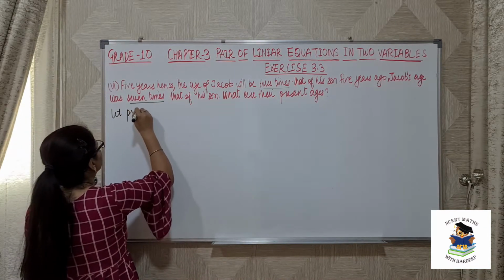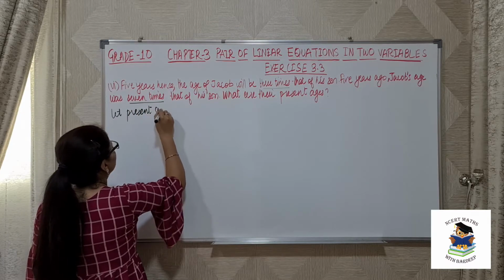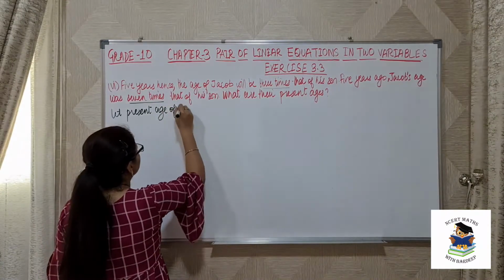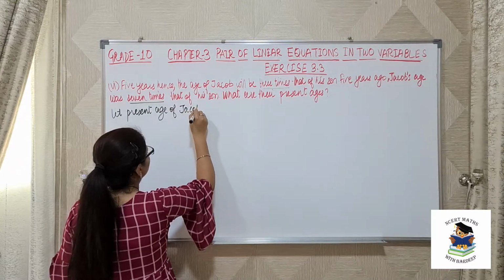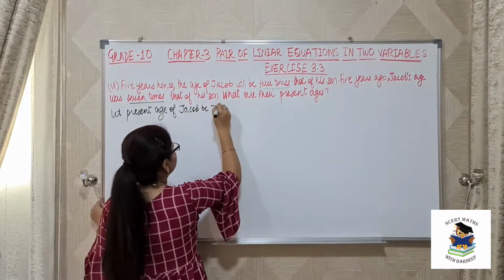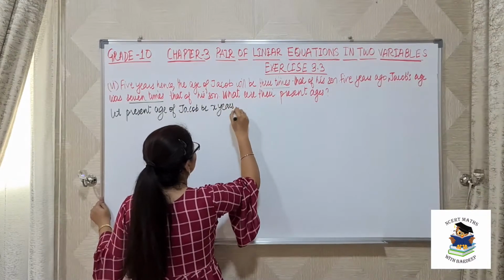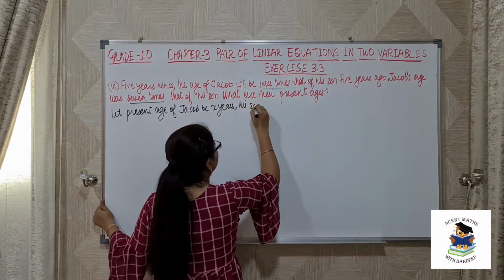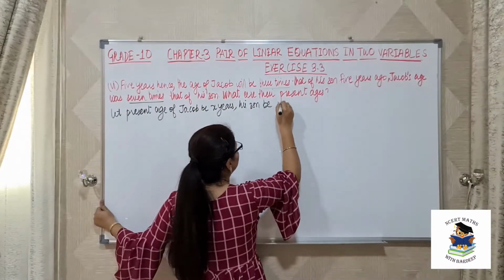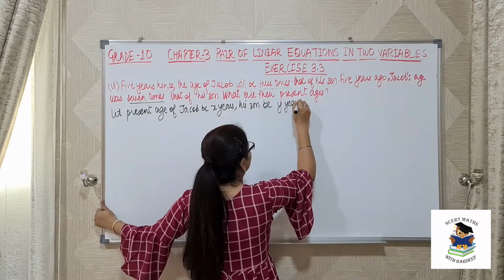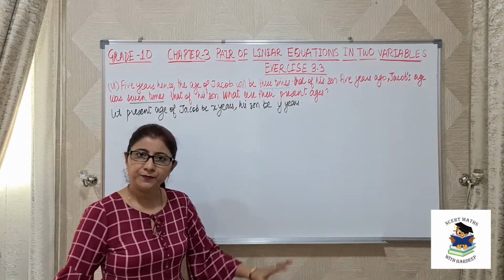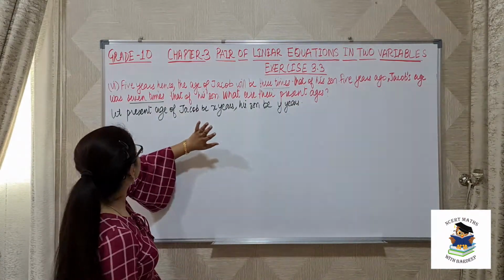So let the present age of Jacob be x years, his son be y years.